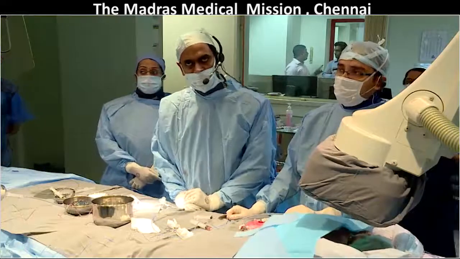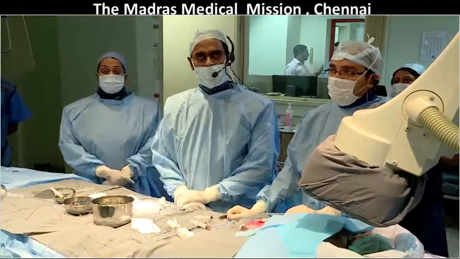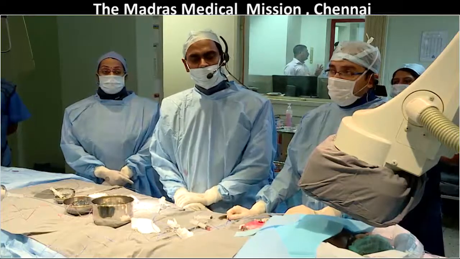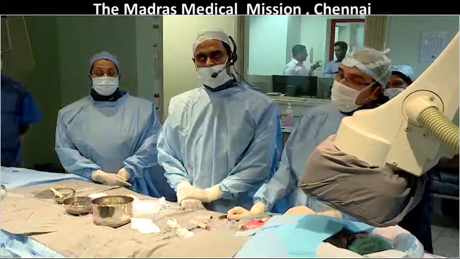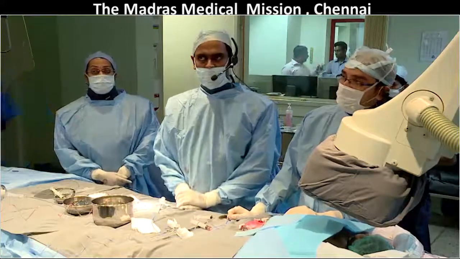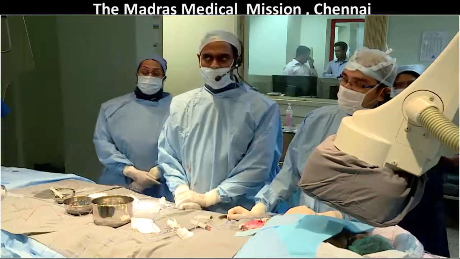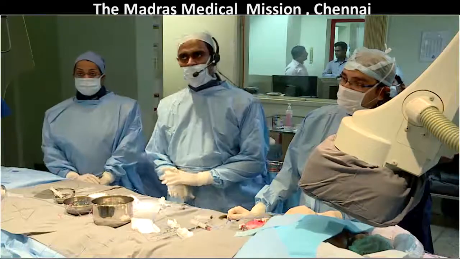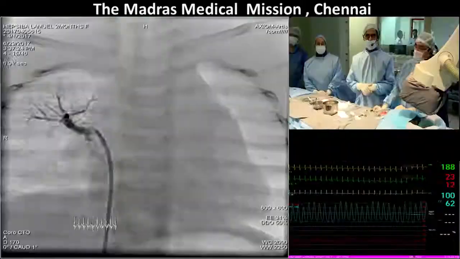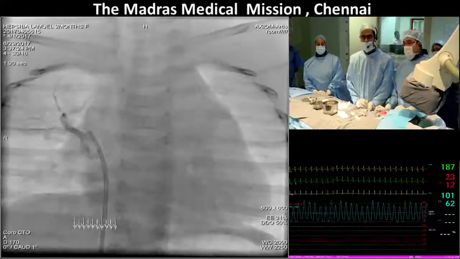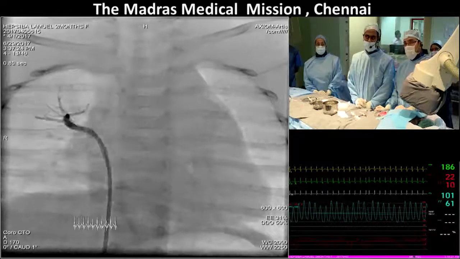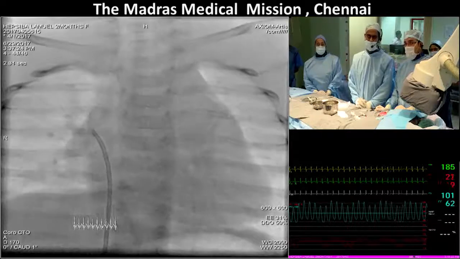What was measuring about 2.5 millimeters in the neonatal period is now measuring about 5.5 millimeters, and so we decided to take up this child for a diagnostic study. I'll just show you the anatomy that we have got. Can you go on fluoroscopy? The patient had a very patulous foramen ovale through which we could advance the catheter into the left atrium.